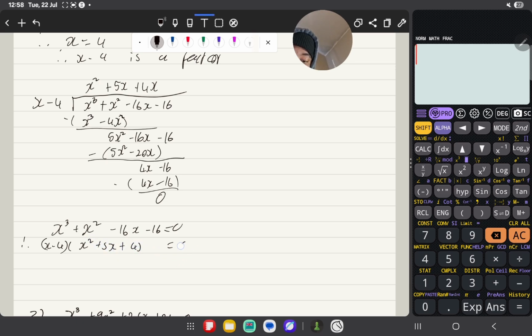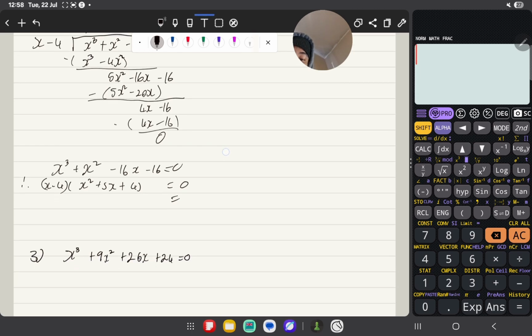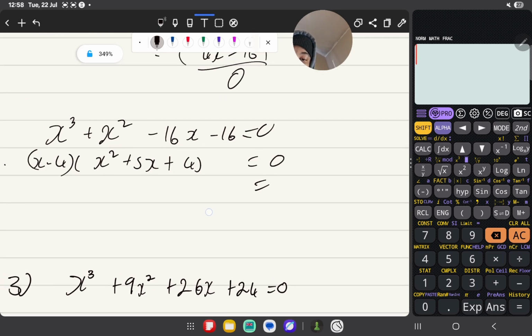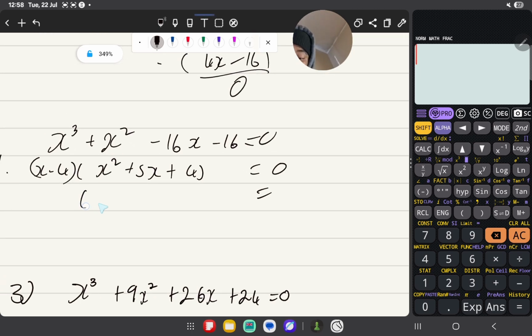And I want to say, you guys know how to factorize quadratic equations, right? For this one, you have your 2 brackets, x and x. 2 numbers you multiply, you get 4, you add, you get 5, that is positive 4 and positive 1.